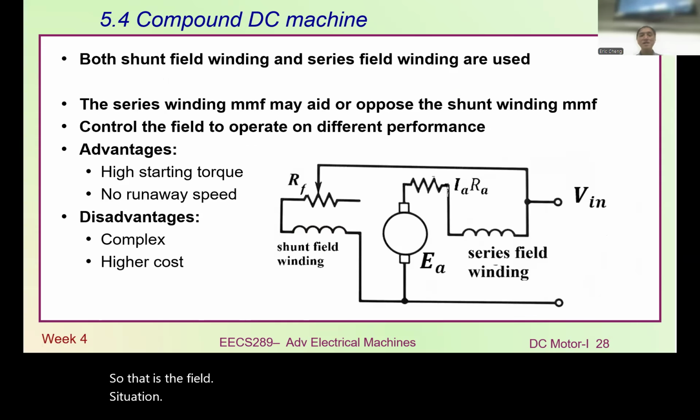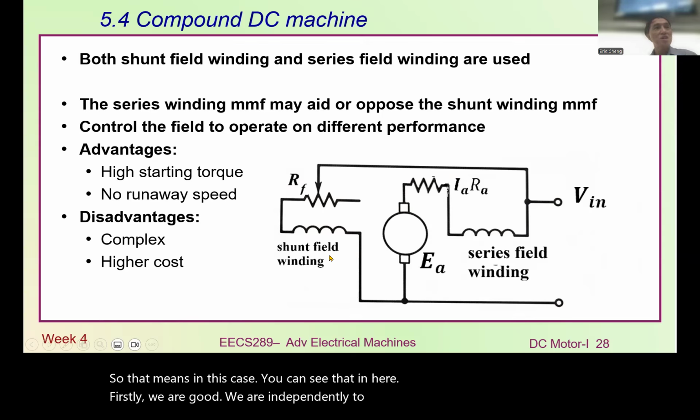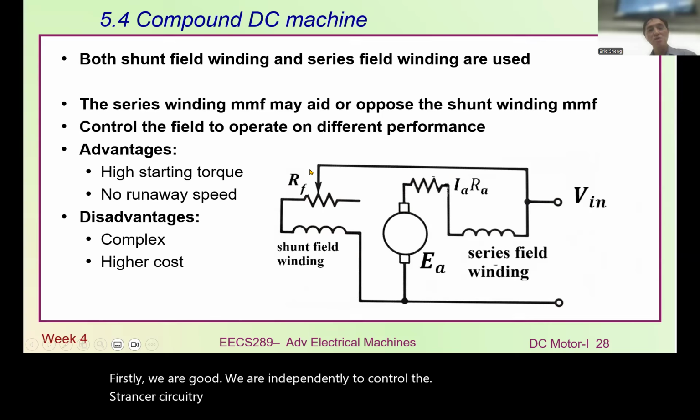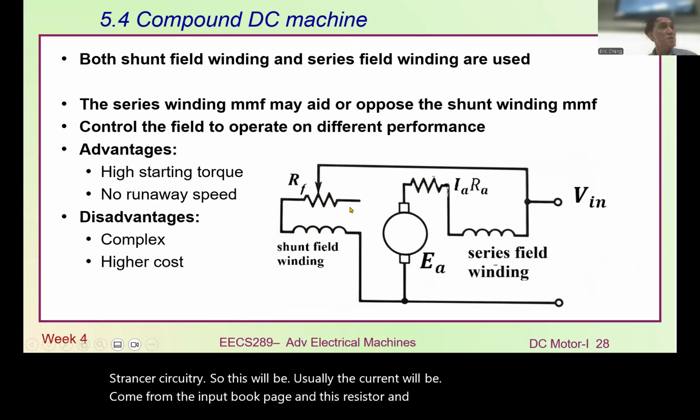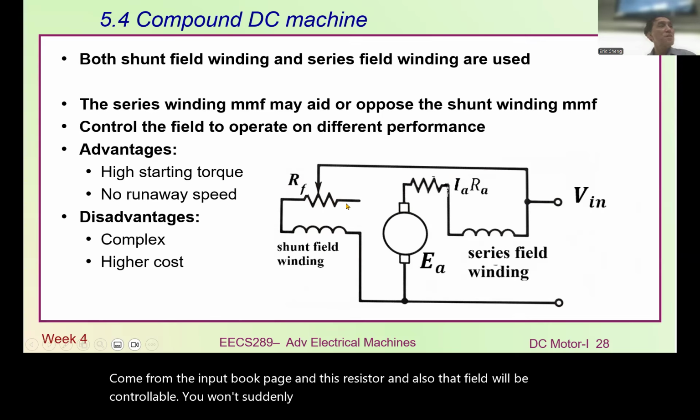So in this case, you can see here, firstly, we independently control the shunt circuitry. Usually the current will come from the input voltage and this resistance, and the field will be controllable. You won't suddenly get zero current here or a really small current.